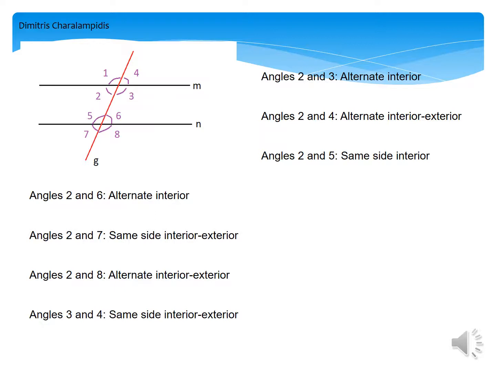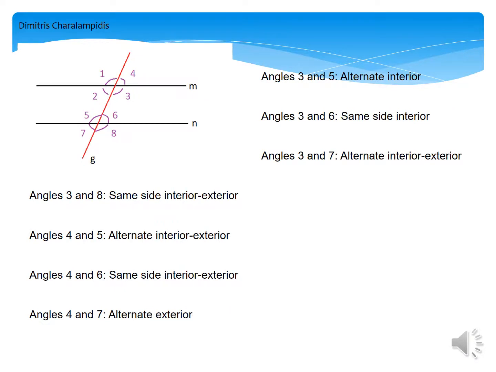Angles 3 and 4. They are same side, both at the right of line G, interior-exterior angles. Angles 3 and 5. They are alternate interior angles. Angles 3 and 6 are same side interior angles.